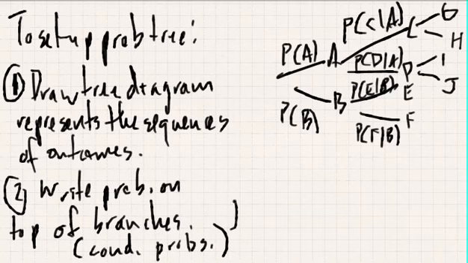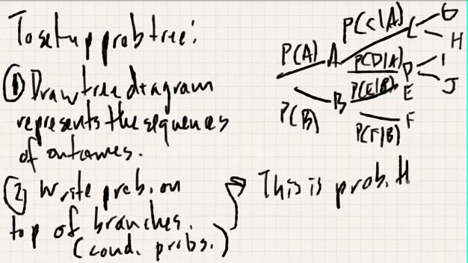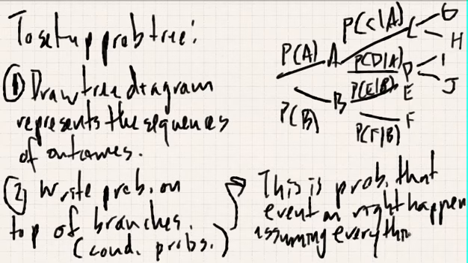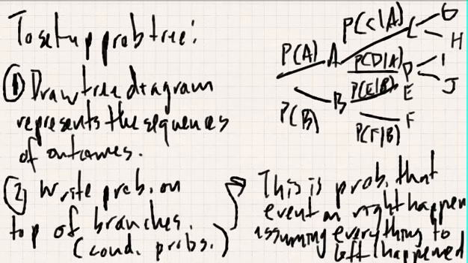So, again, let me just write that out. This is the probability that the event on the right happens, assuming everything to the left happened. Okay.